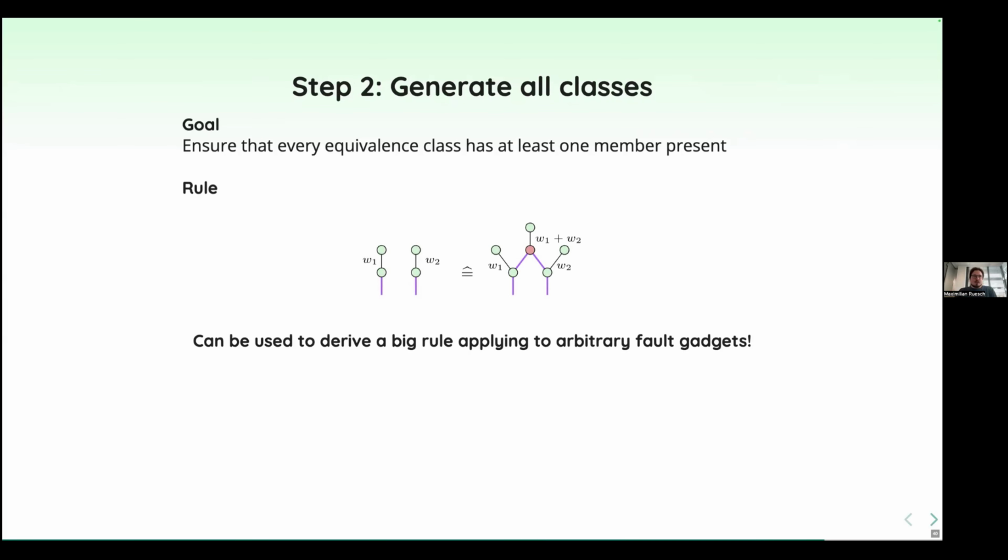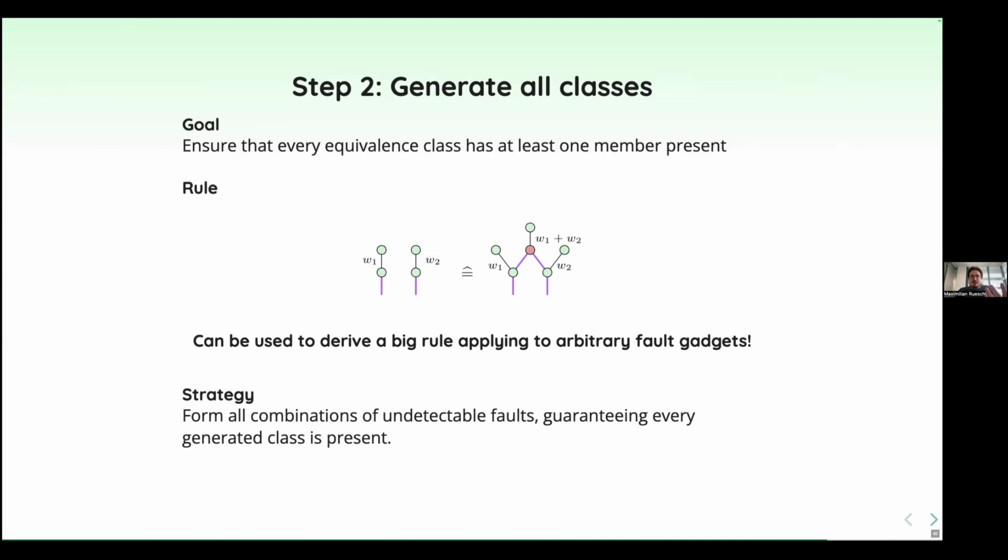And again, we can use this rule to derive a bigger rule. So the strategy to generate all equivalence classes is to just form all combinations of undetectable faults. This by construction guarantees that every generated class that is possible in a noise model is already present with some member somewhere.